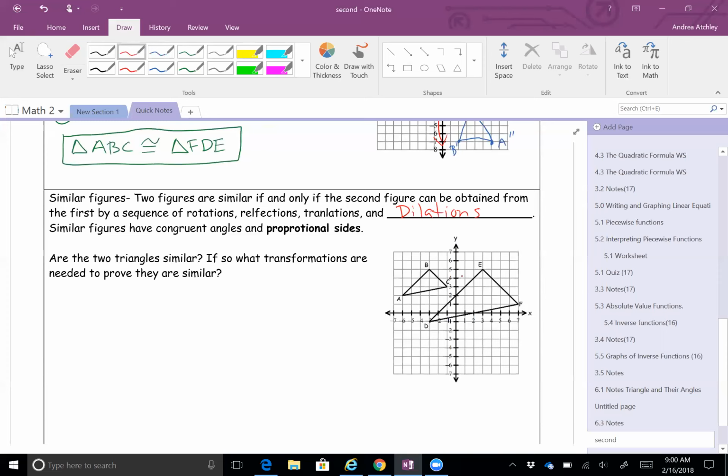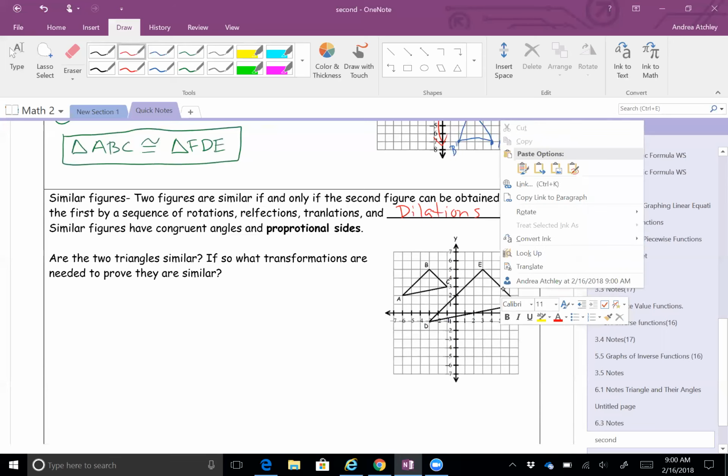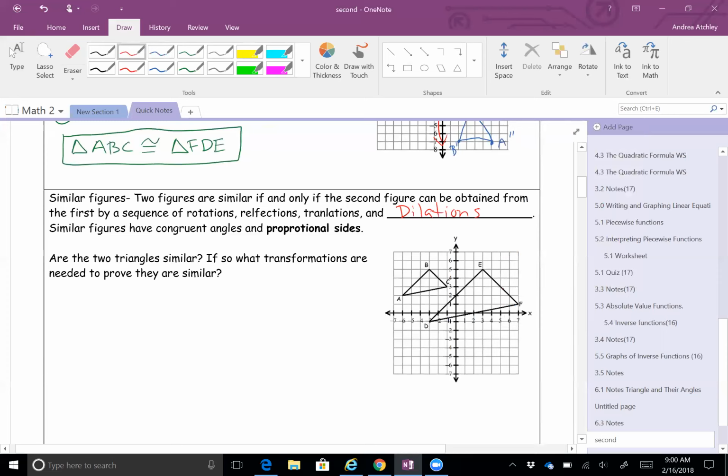No thoughts here? Yeah? Move it right 6 units. 1, 2, 3, 4, 5, 6. B to E. So go over 1, 2, 3, 4, 5, 6. Very good.